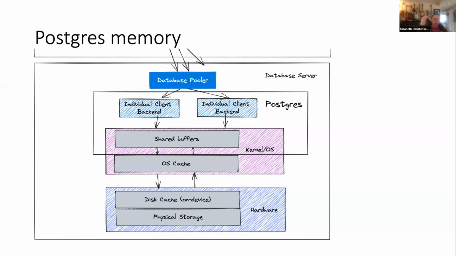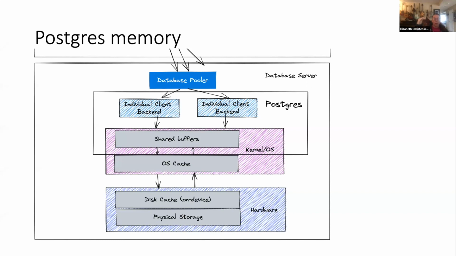And so Postgres has layers to the memory, right? At the bottom, you've got the physical disk storage, the on-disk cache, and above it you've got a memory layer, like a cache layer.